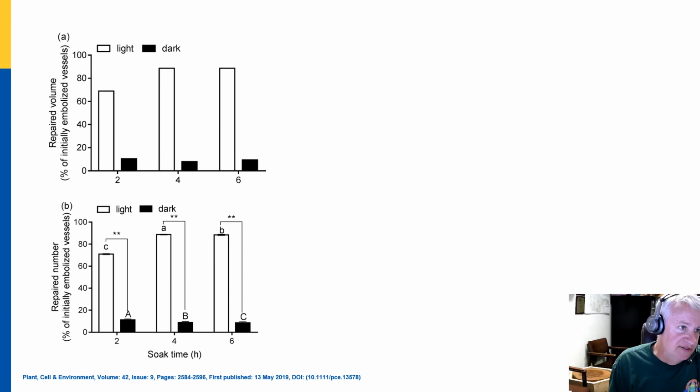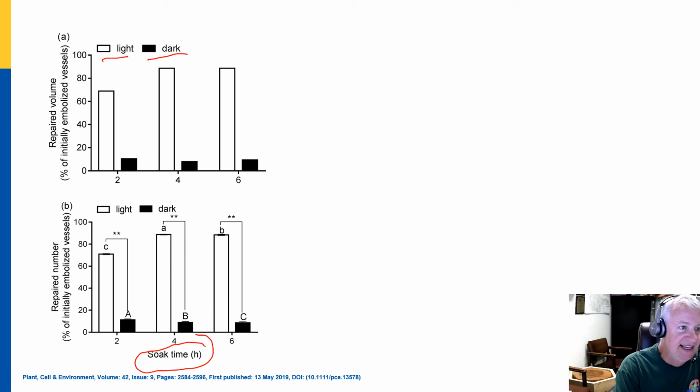These data show something similar. And these basically show 2 measures of embolism recovery on the y-axis for some period of soak time. So 2, 4, and 6 hours of soaking. And then they show how recovery goes in the light or in the dark.